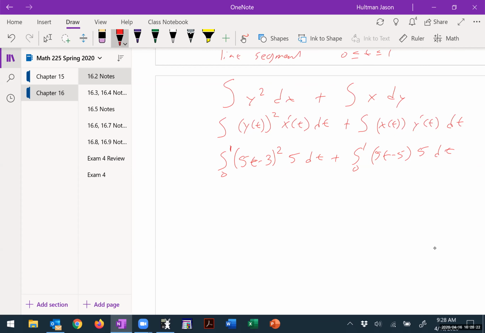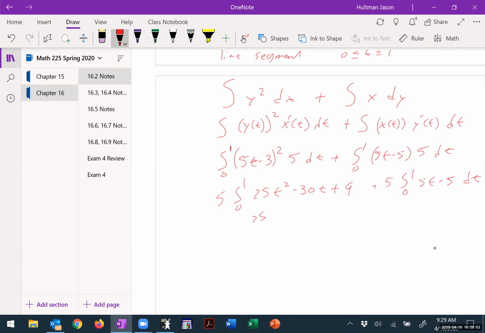I'm going to pull the 5 out in front as well. 0, 1. This is going to be 25t squared. This is going to be negative 30t, right? Okay, and then this is plus 9. Okay, this guy over here is 5, 0 to 1 of 5t minus 5 dt. Let's integrate.